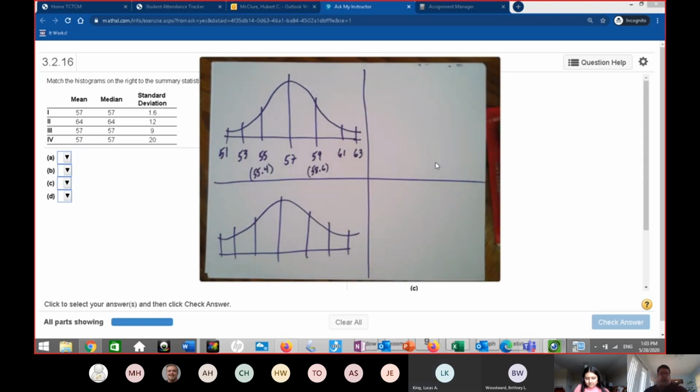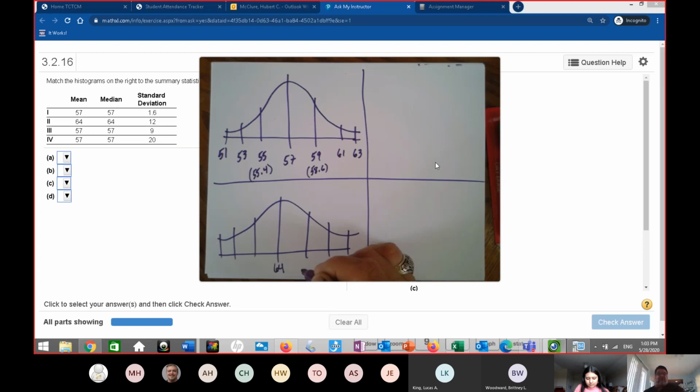All right, so here, number 2, 64 is your mean, and I'm going to add 12. That means just spread out. That one's a bad one. Number 2 and number 4 are spread out. So 64 plus 12 is 76. 76 plus 12 is 88, and 100.